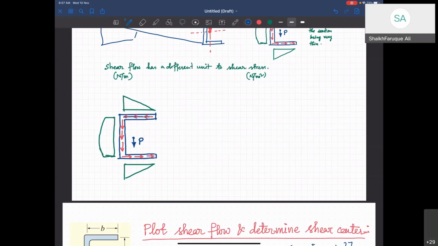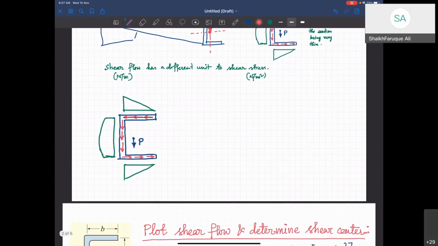So instead of having all the arrows here, I can have a single arrow that represents these forces. So this force is going to be called F flange. This is also F flange, and this is your F web.